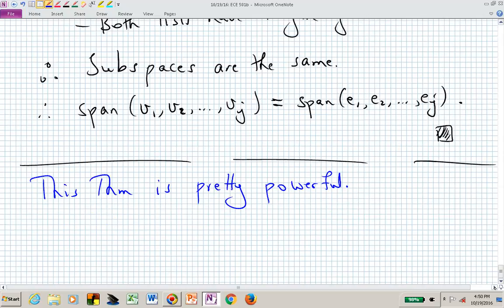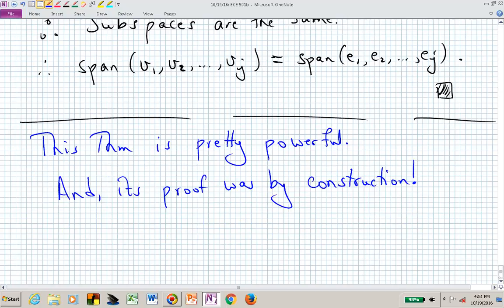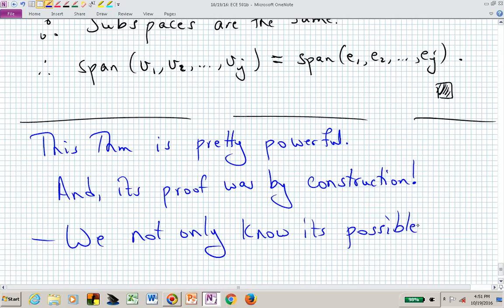And one of the nice things about this particular theorem is that it was a theorem by construction. So this tells us how we can construct these orthonormal lists. So this wasn't just an existence proof.